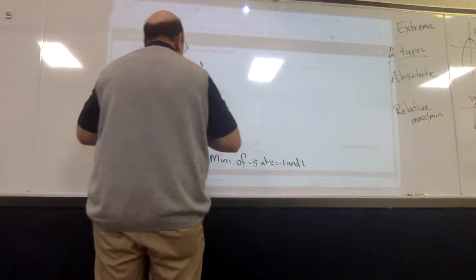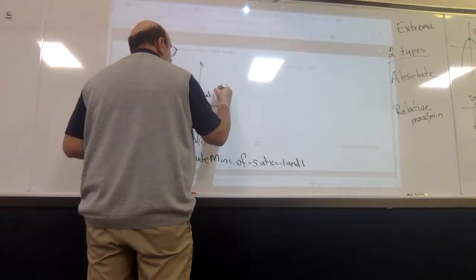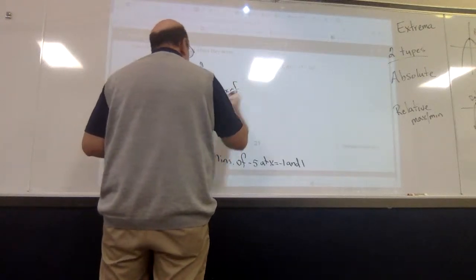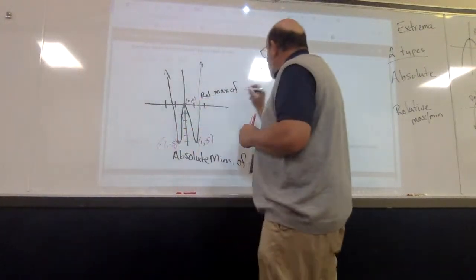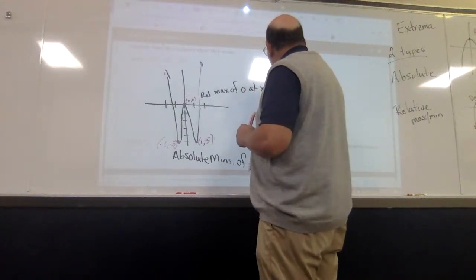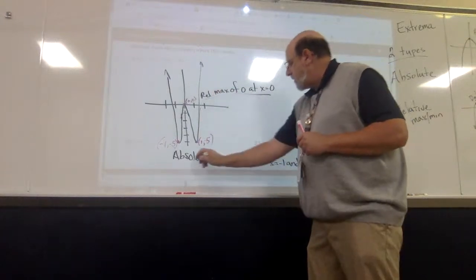So the graph has a relative max of 0 at x equals 0. So that's how you're going to list it for me.